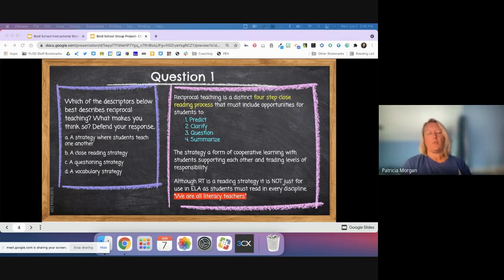And then, although reciprocal teaching sounds like it's a reading strategy, it's not just for ELA. It's used for every discipline, and they emphasize in the chapter, we are all literacy teachers. So what does literacy look like in your subject area? And then you use and adapt the strategy for your subject area.